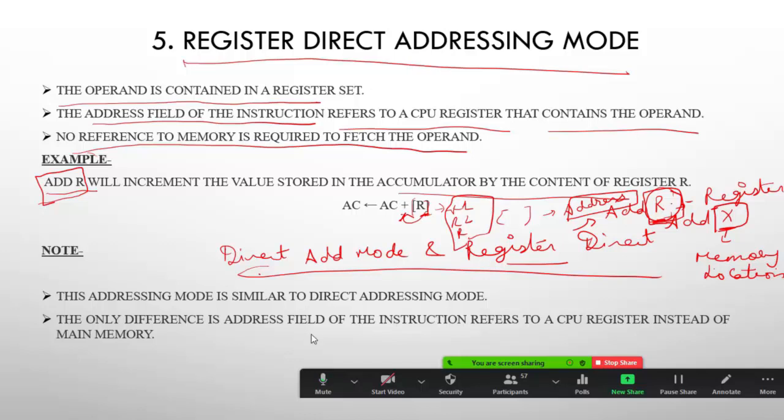The only difference is that the address field of the instruction refers to a CPU register instead of main memory. The only difference is that in direct addressing mode the instruction was using the memory location, but in register direct addressing mode the instruction add R is using the register. The register can be from R0 to R12 and so on.